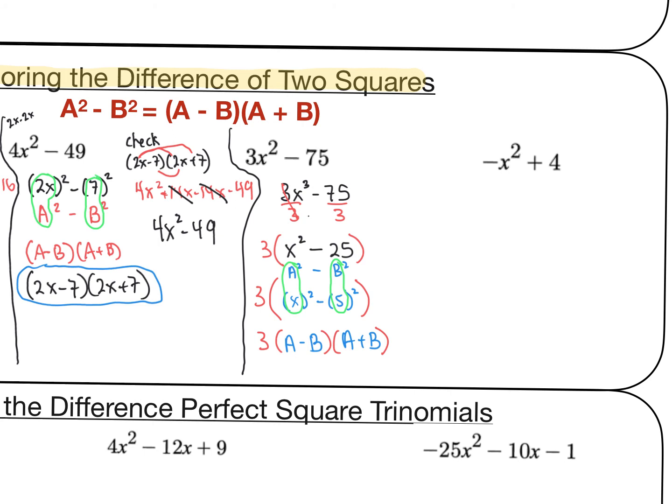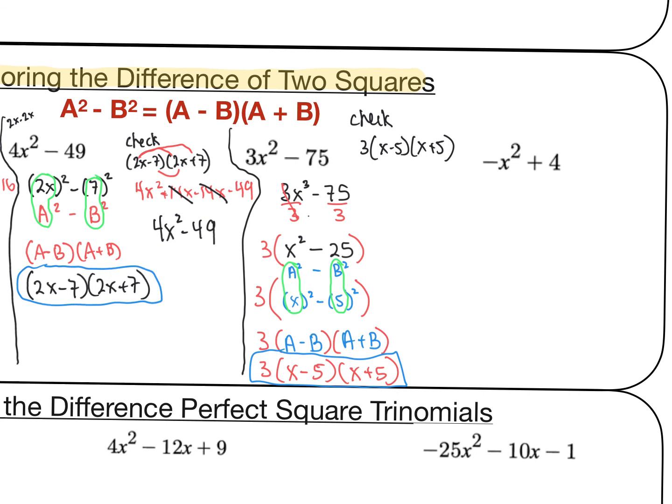So at the end of the day, we'd get 3 times x minus 5 and x plus 5. And that would be our proposed solution. And we'll see if we're correct by checking it. To check, we think that it factors into this. We're not certain, but we're going to check it out.